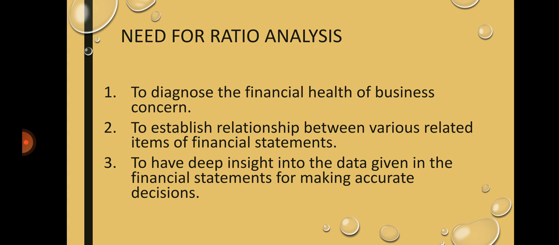You have to control your current liabilities considering the current assets, because your current assets should be sufficient to repay the current liabilities. Current liabilities of the firm should not be more than the current assets. This we will get to know when we establish the relation between current assets and current liabilities.